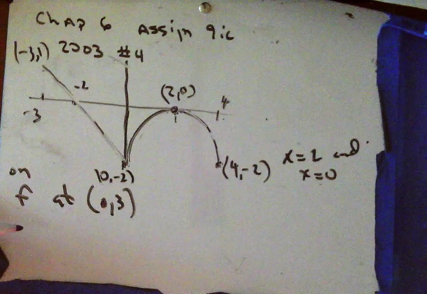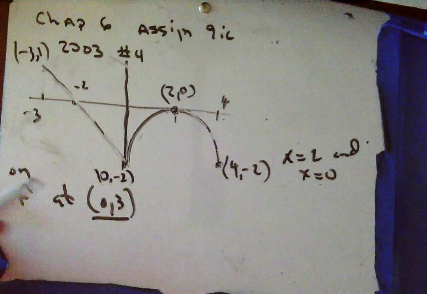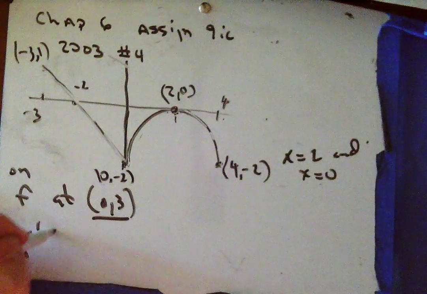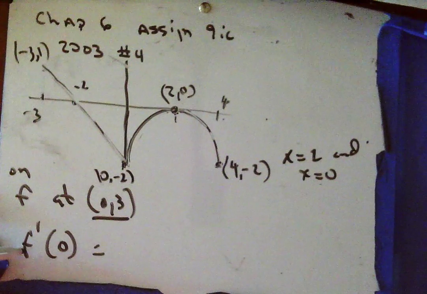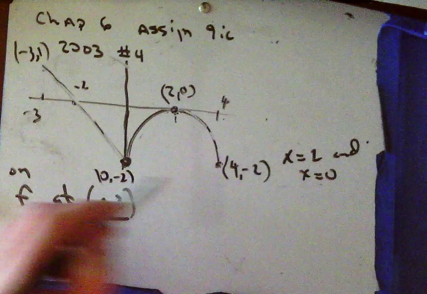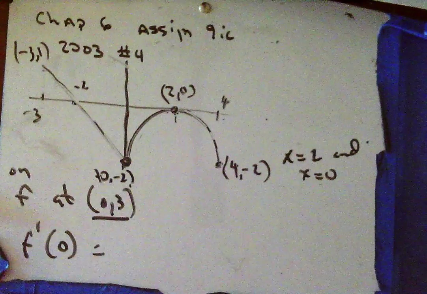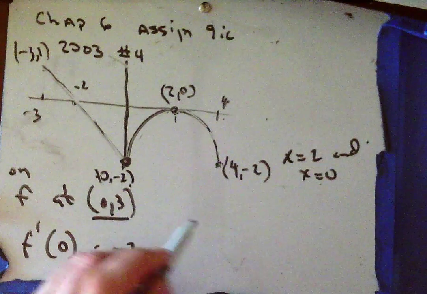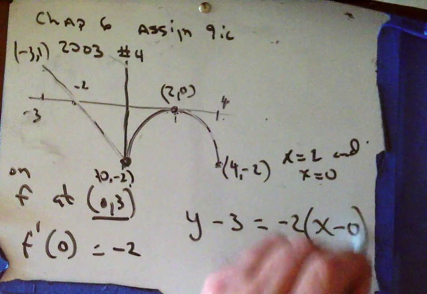So what information do we need to write the equation of the tangent line? Well, we need a point, but we also need a slope, and that's called f prime of 0. What is f prime of 0? Well, it's the y value on this graph. This is the f prime graph. And at 0, f prime is negative 2. And so my tangent line, y minus 3, is negative 2, x minus 0.